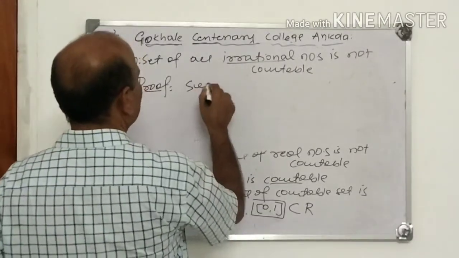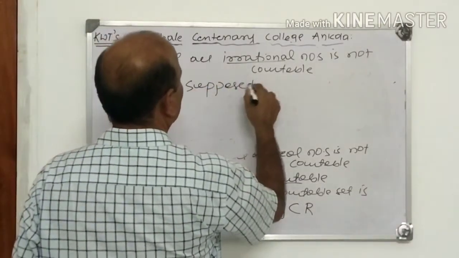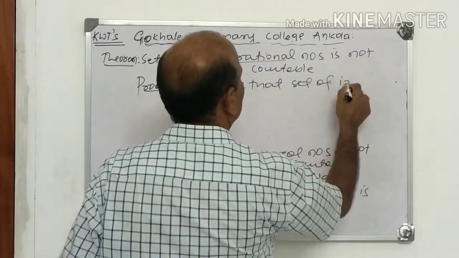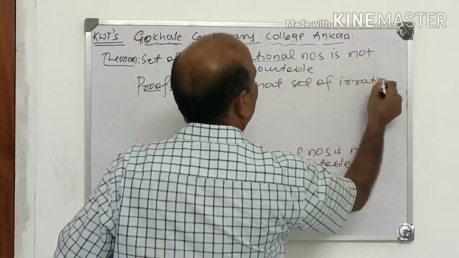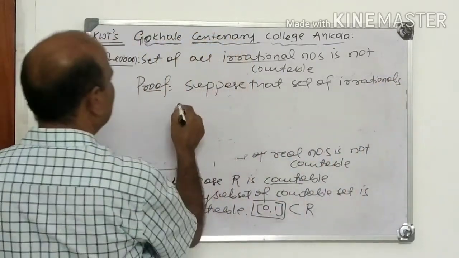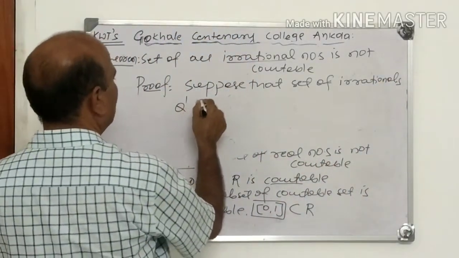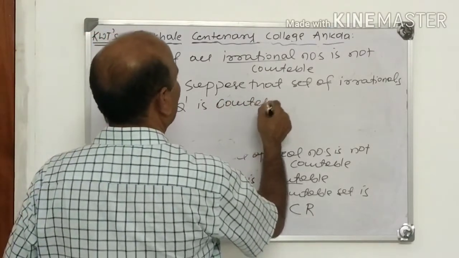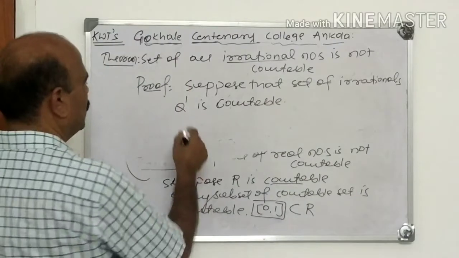Now suppose that the set of irrationals, I write this with the Q dash notation, is countable. It is our assumption.